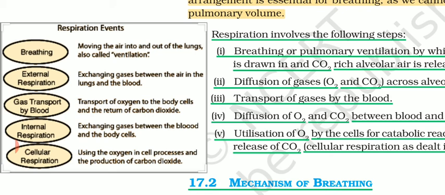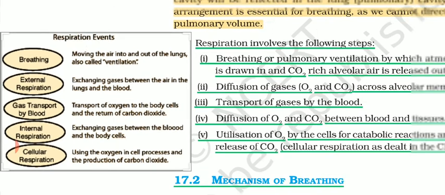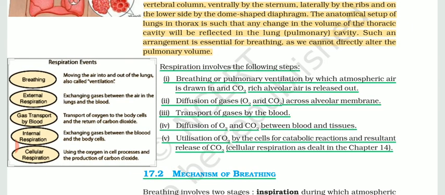It has to go through steps within the body: first air will come to the lungs, then from the lungs to the blood, from the blood to the body cells, and inside the body cells that oxygen will be used up and breakdown of food will take place, and ultimately it will produce carbon dioxide.